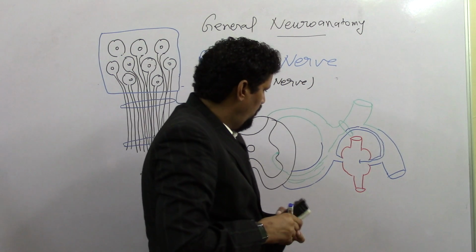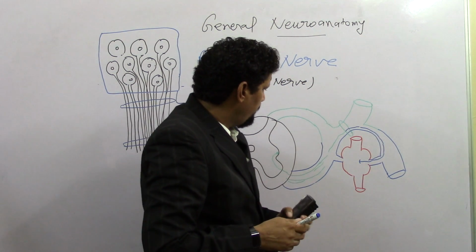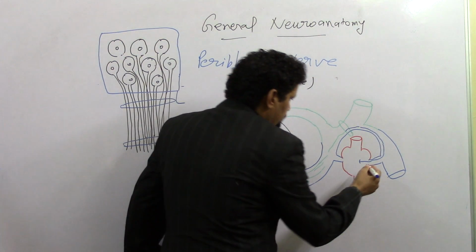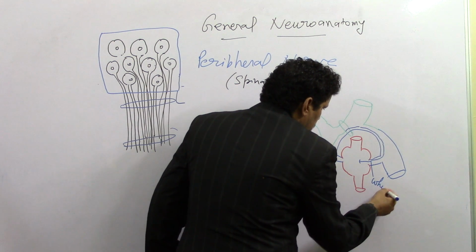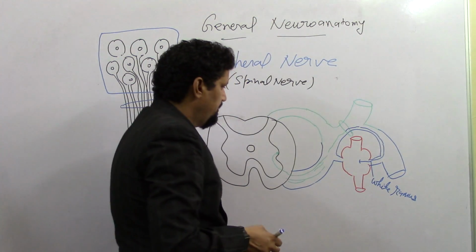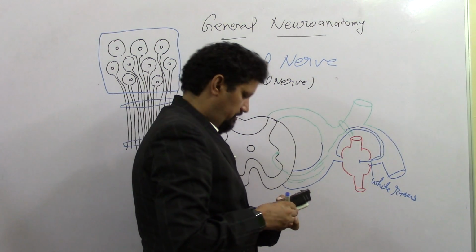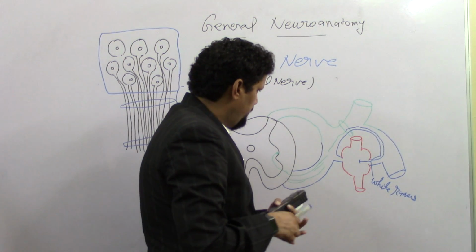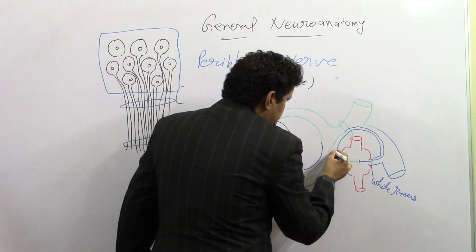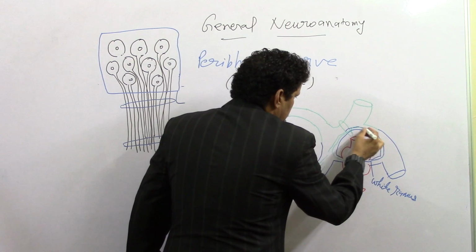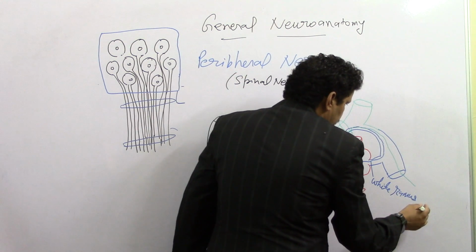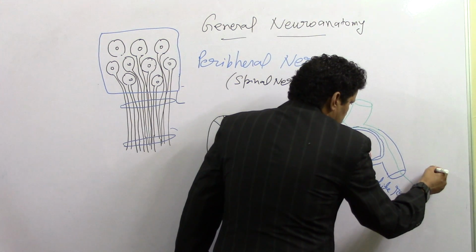These fibers which are entering inside this ganglion are known as the white ramus, and fibers leaving this ganglion, the postganglionic fibers, re-enter this nerve and supply the smooth muscles. These are smooth muscles.